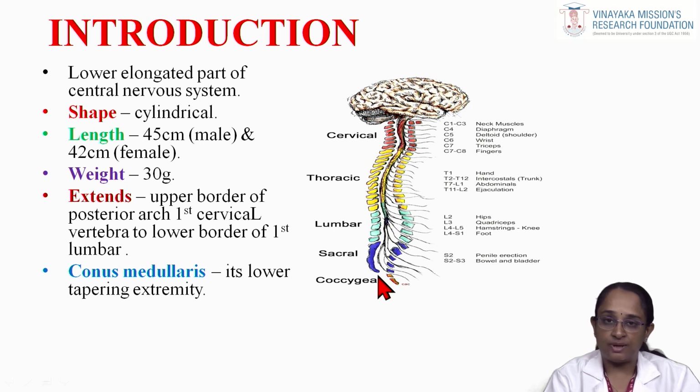Below that there are only nerves, but we say the cord extends up to L1. Below L1 we call it the conus medullaris, which means the lower tapering end of the spinal cord.